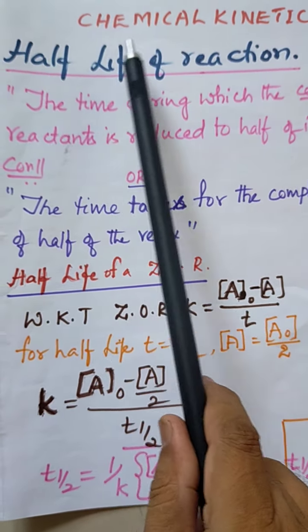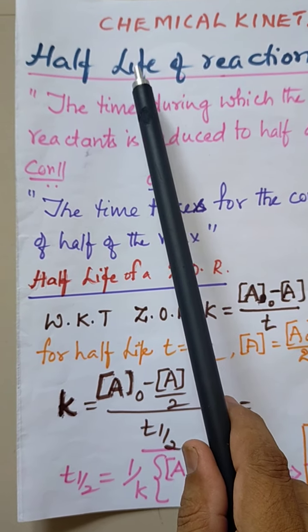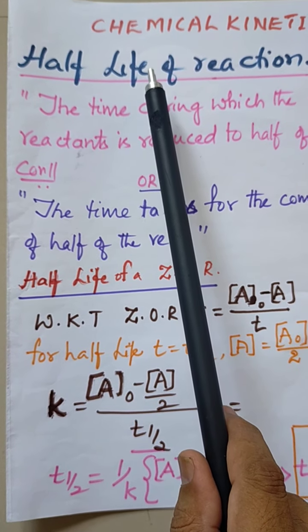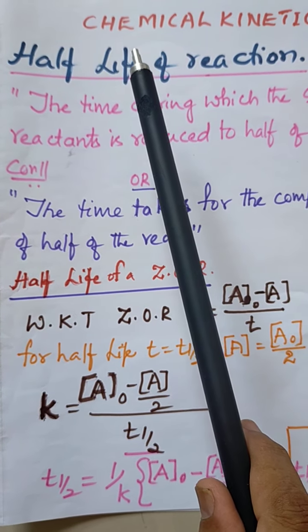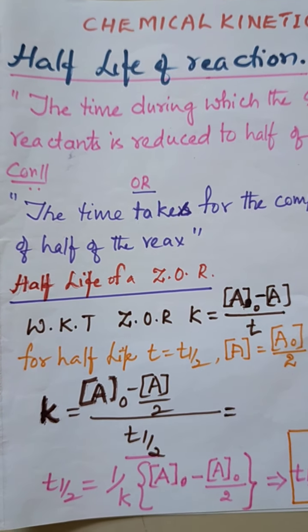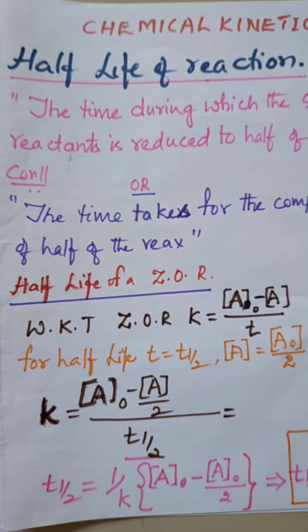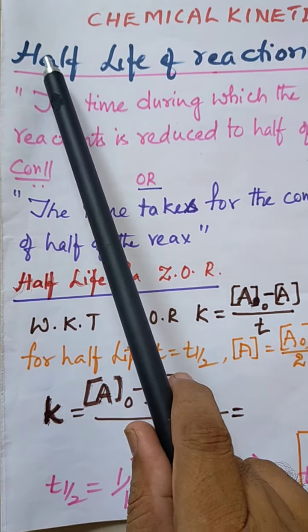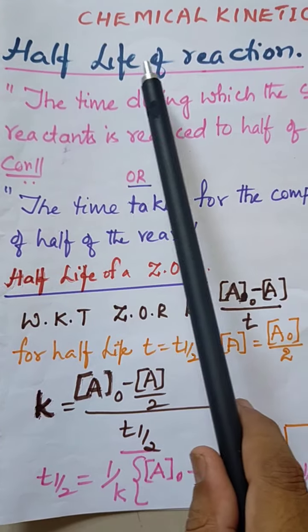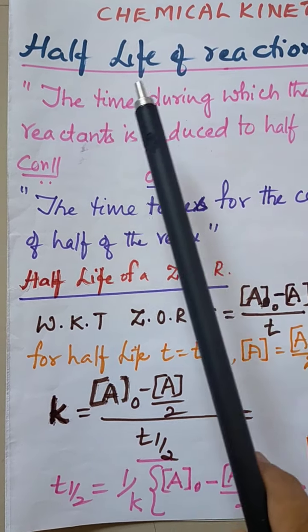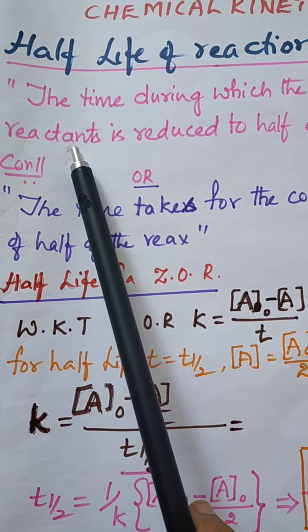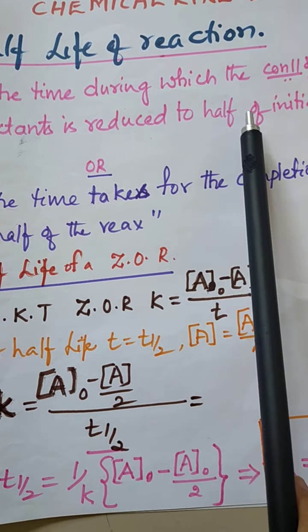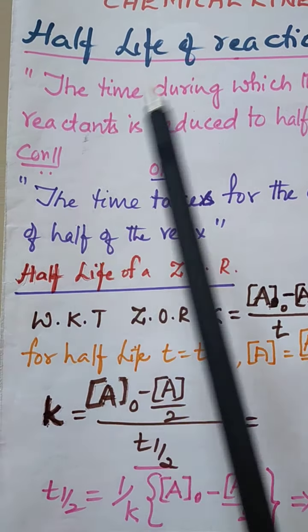Regarding half-life, you learned the half-life period in 10th standard, in earlier classes. Half-life of an element means the time taken to reduce to half of its initial concentration. The half-life of a reaction is also the same: the time during which the concentration of the reactants is reduced to half of its initial concentration.